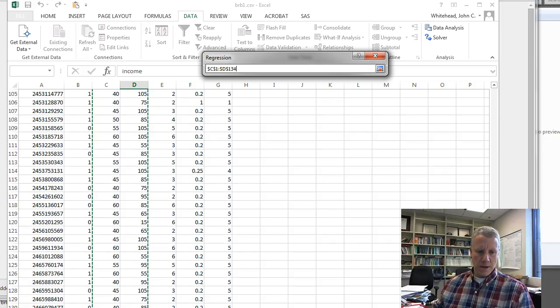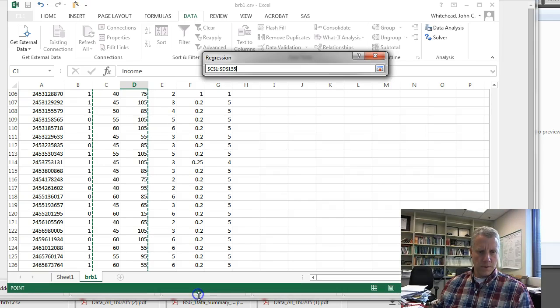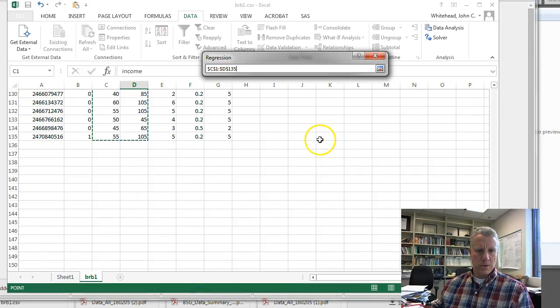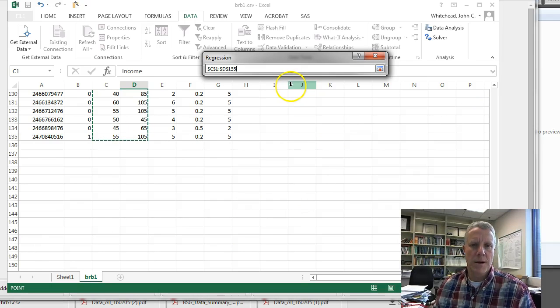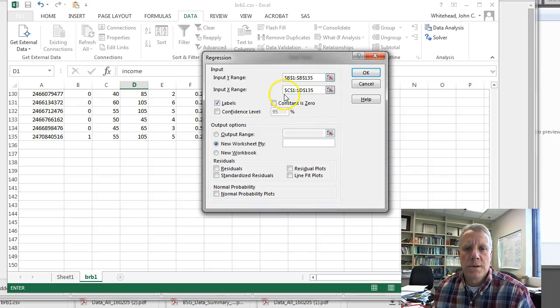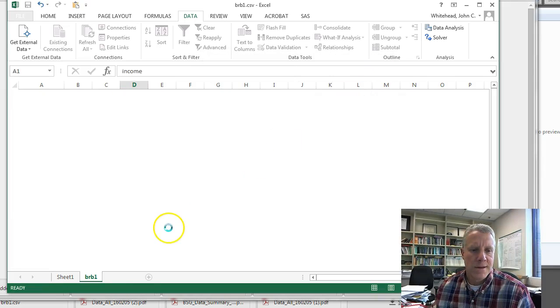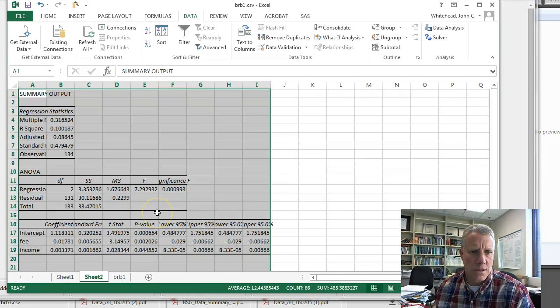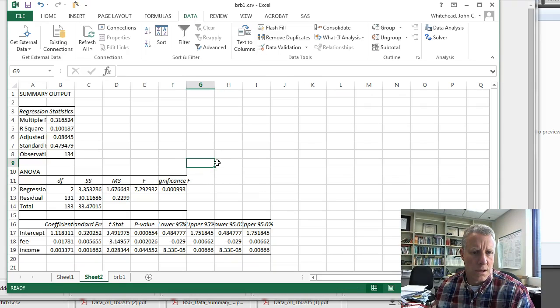scroll all the way down to the bottom, and you probably can't see that, so let's see, here we go. So scroll all the way down to the bottom, click the box, and we've got columns C and D, labels checked, click OK, and you will get another sheet with two independent variables, fee and income.